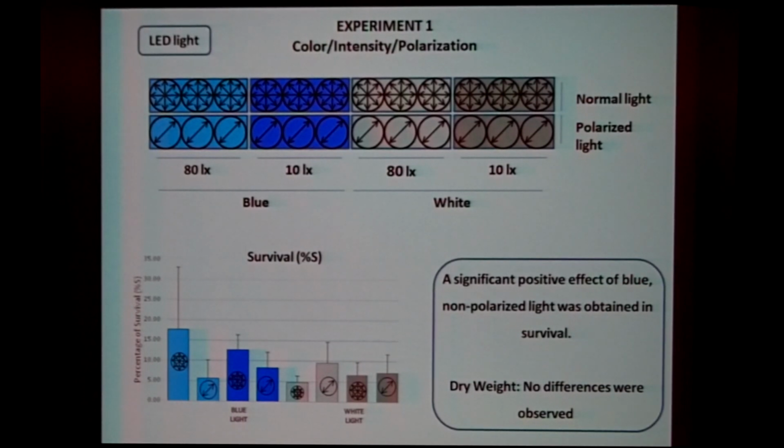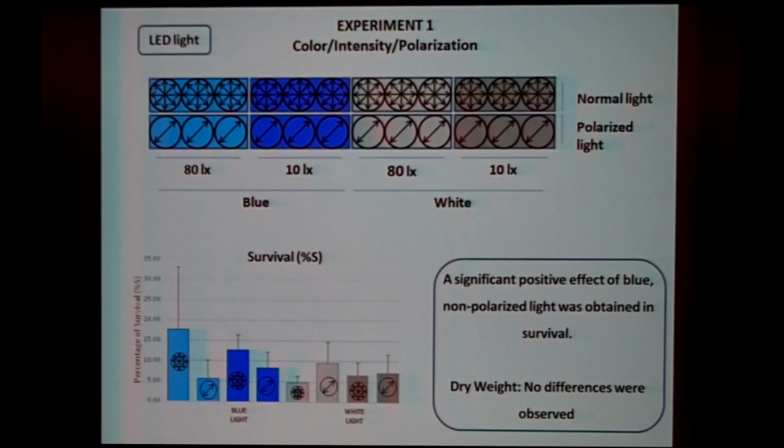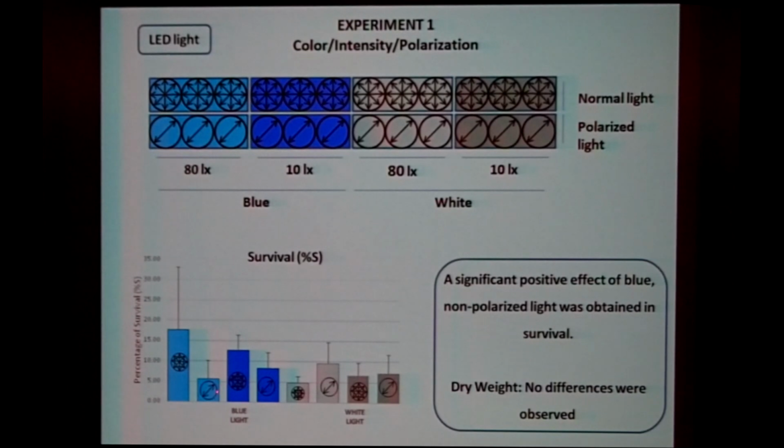No difference in intensity, no difference in color, no difference in polarization, but yes, there was a significant interaction. And when we compare the gray and white, no difference. You can see that there is high variability and lower survival, but it's a normal survival at this stage, 20 days.